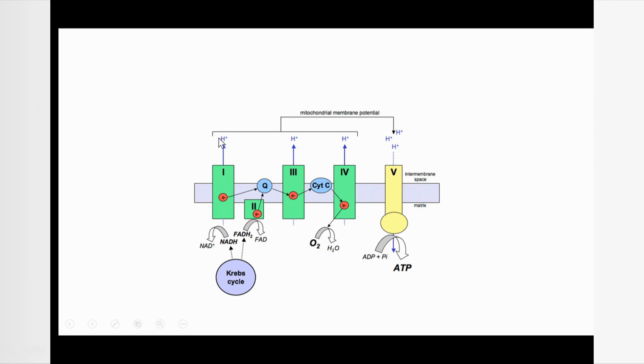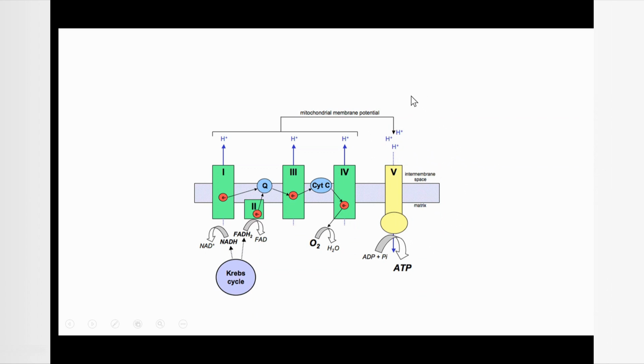So this H+ is going to be pushed out, and then the H+ needs to re-enter somehow, because when all this H+ is pushed out, the gradient shifts to the point where the inner membrane space has more H+ than the matrix, and as we know from diffusion, all molecules go from higher concentration to lower concentration.